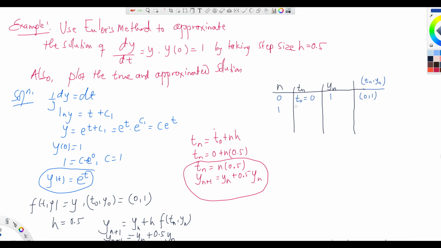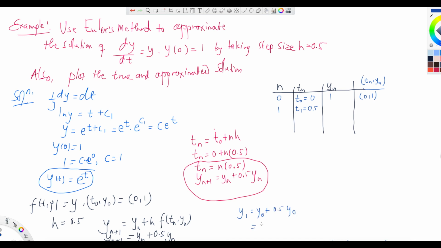When n is 1, you will get t1, right? How do I find out t1? Look at here. t1 will be 1 times 0.5, that will be 0.5. So what will be y1? To find out y1, you will have to take n equals 0 here. When you take n equals 0, you get y1 equals y0 plus 0.5 times y0.